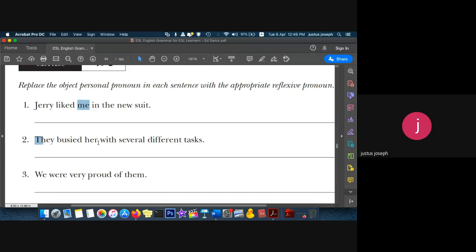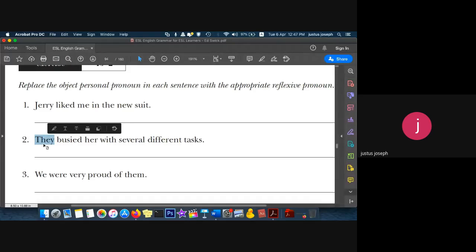Let's look at the second one. They bruised her with several different tasks. Can I use herself here? No. The task is to change them to a reflexive pronoun. A reflexive pronoun will always refer back to the subject.